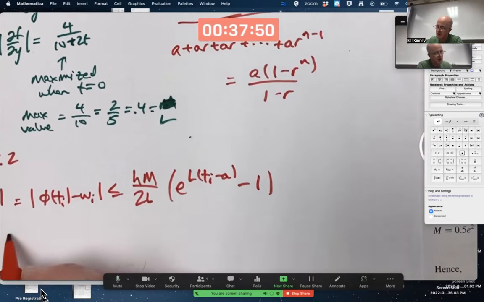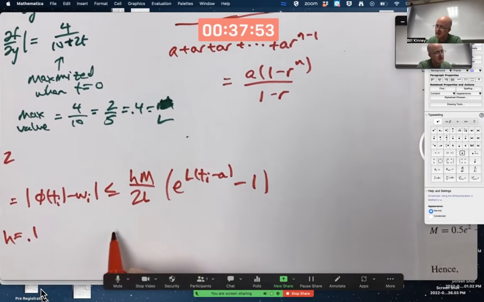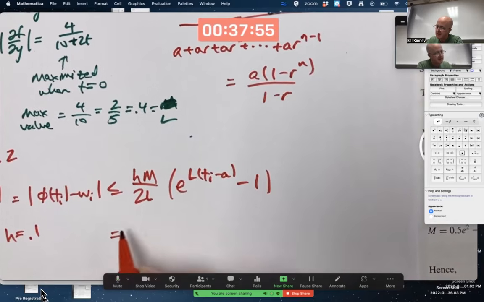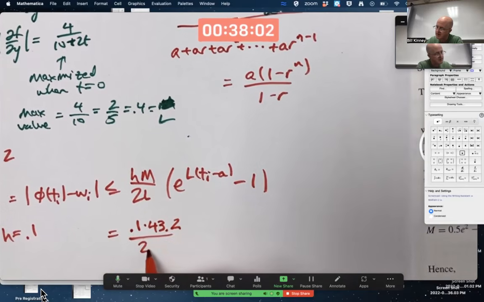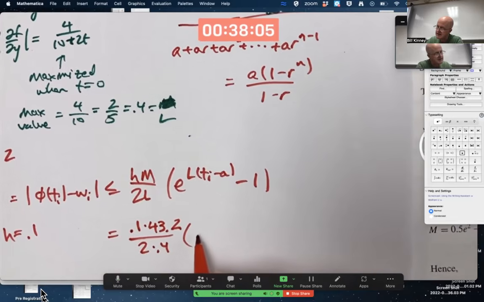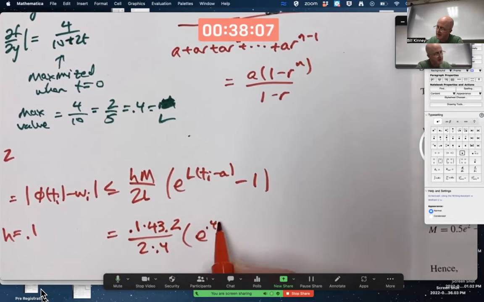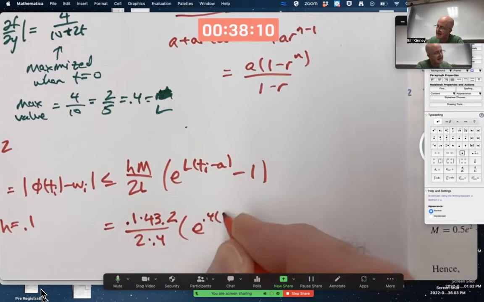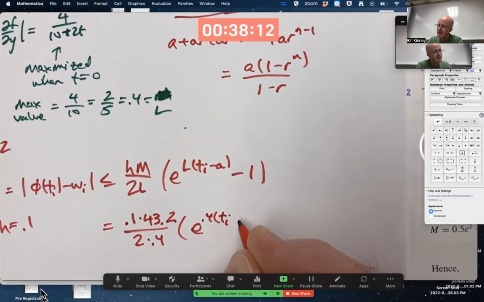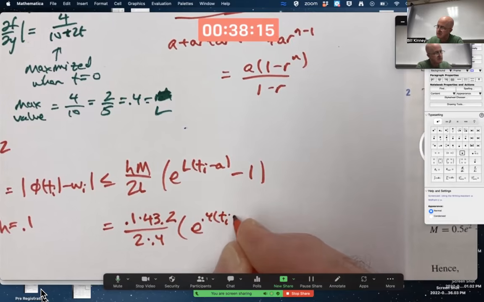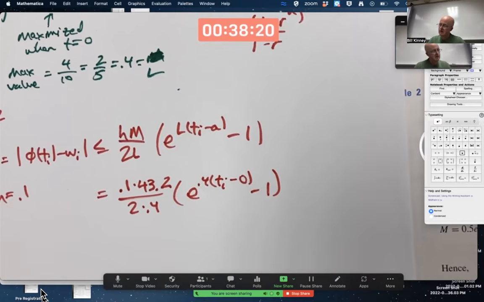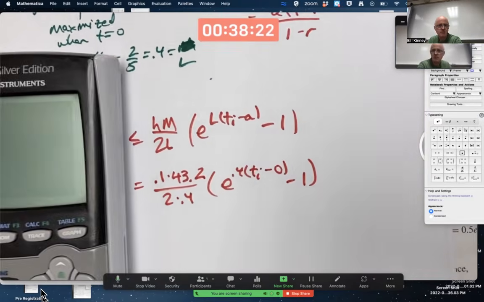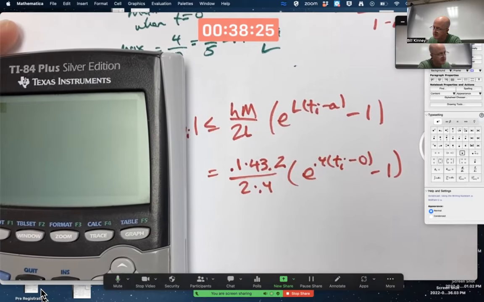If h is 0.1, this is going to be equal to 0.1 times M, which is 43.2, over L, which we found is 0.4, times e to the 0.4 times t_i, I'm going to leave t_i as t_i, minus a, where a is 0, minus 1. 43.2 times 0.1 is 4.32.